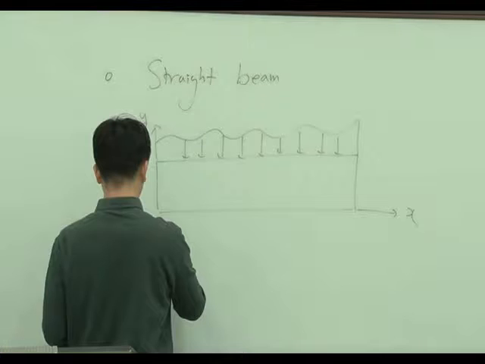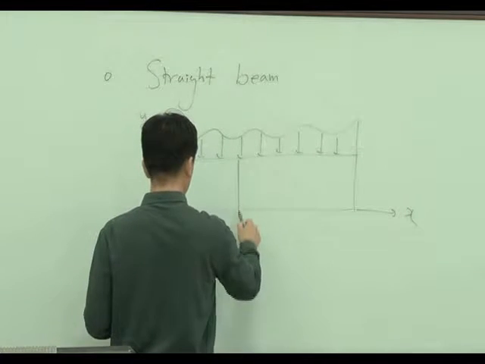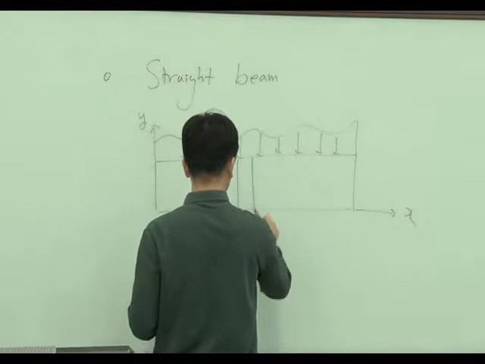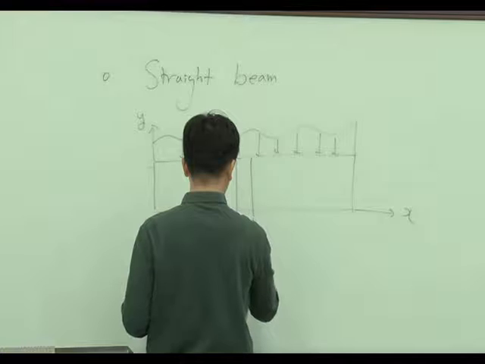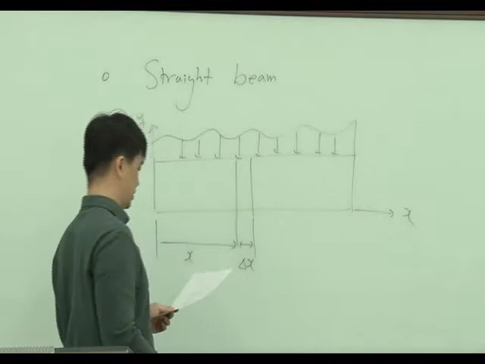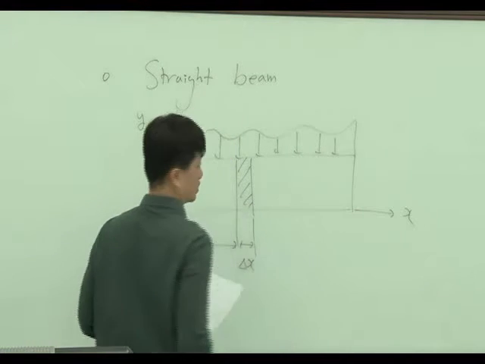And let's consider some point x from the origin, and let's consider a small part of the beam, whose length is very small, delta x. So I'd like to consider only this part.